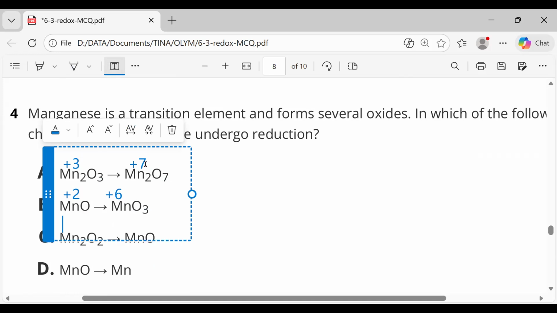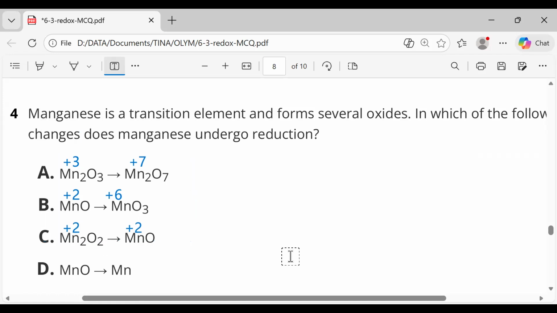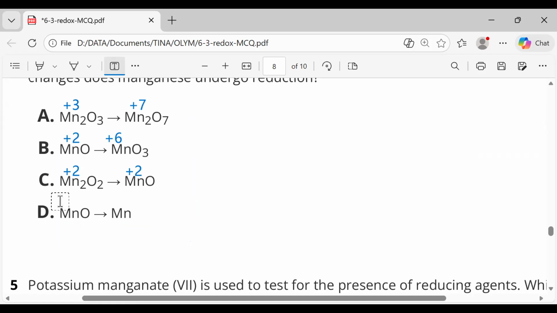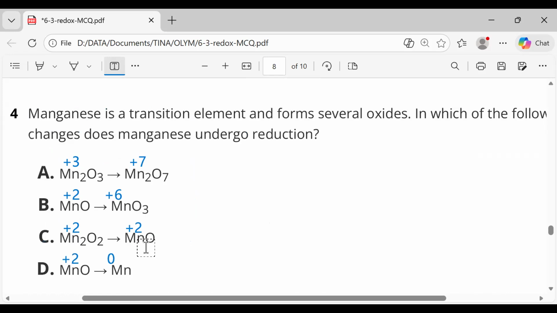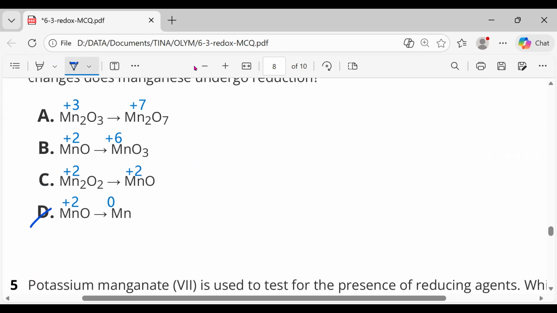This one is positive 6, positive 2 becomes 4. Positive 2, no change, because it's the same. This one is positive 2 becomes 0. So only one thing becomes smaller: D.